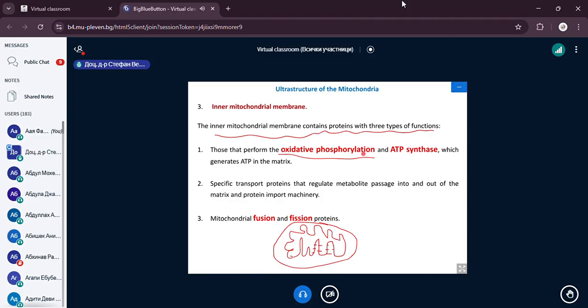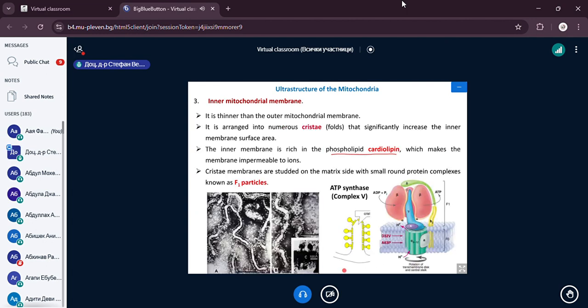The more ATP is being produced by mitochondria, the longer and more numerous cristae these mitochondria will have. You see here the cristae of the inner mitochondrial membrane, and on very high magnification electron micrographs, we can see that on the surface of the cristae there are these mushroom structures present.